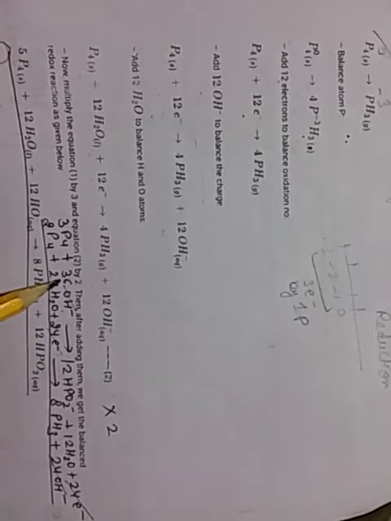The 24 electrons cancel, and 24 OH minus cancels with the 36 OH minus, leaving 12 OH minus on the left hand side. Then 3P4 plus 2P4 is 5P4, and on the left there are 24 H2O and on the right 12 H2O.